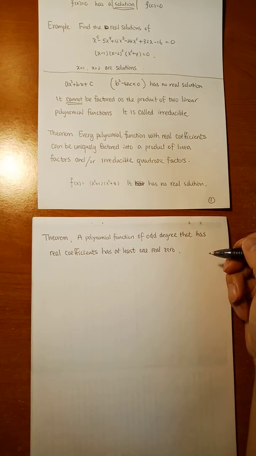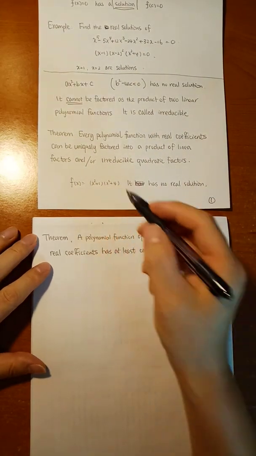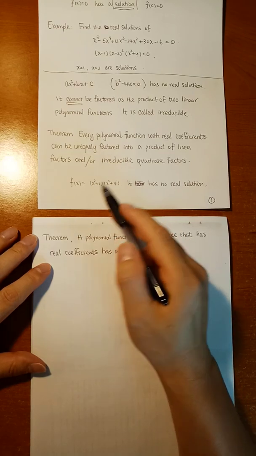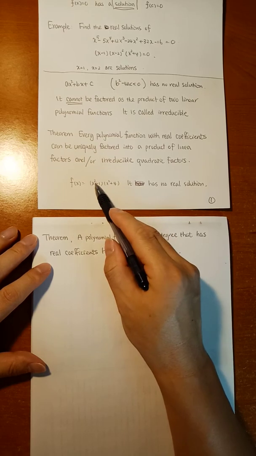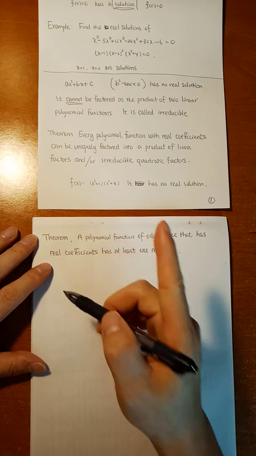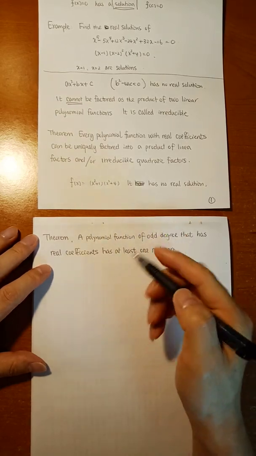At least one real zero. Why? You see here, if you have odd degree, you may have some irreducible quadratic factor. It is even. You have another one possibly. The degree is still even, but the total degree is odd. So definitely you will contain one linear factor.